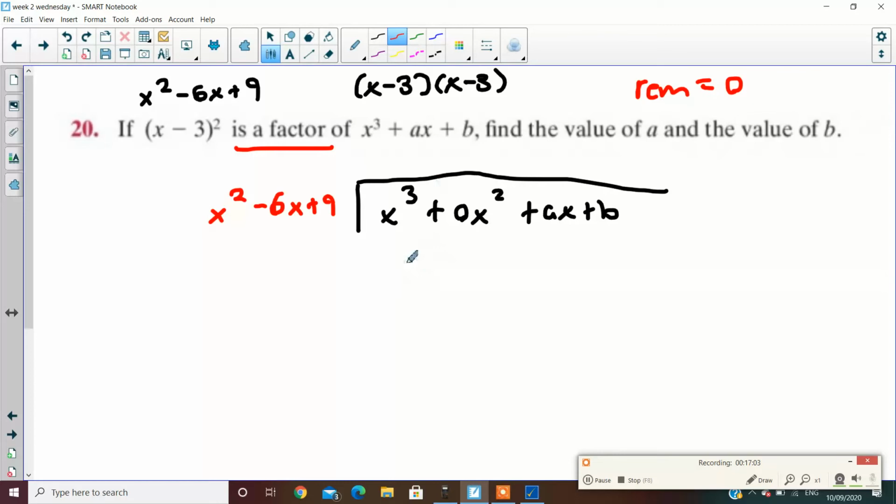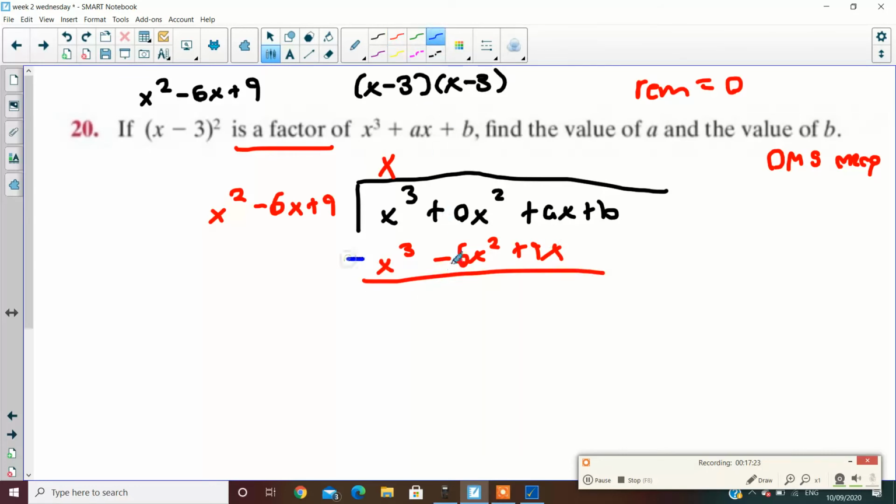Okay? So it goes in how many times? X. Remember DMS: drop, divide, multiply, subtract, and drop. So x cubed minus 6x squared plus 9x. Subtract, what happens now? Plus, minus. All right.